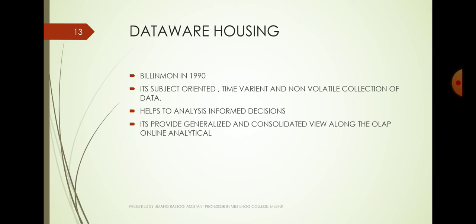It also provides generalized and consolidated views along with OLAP, online analytical processing. For this purpose, data warehousing is very useful for collecting all the historical data, and by this historical data we can analyze all the decisions informed by the system.